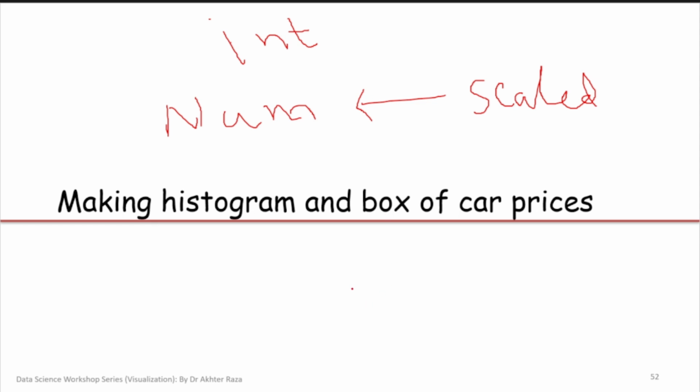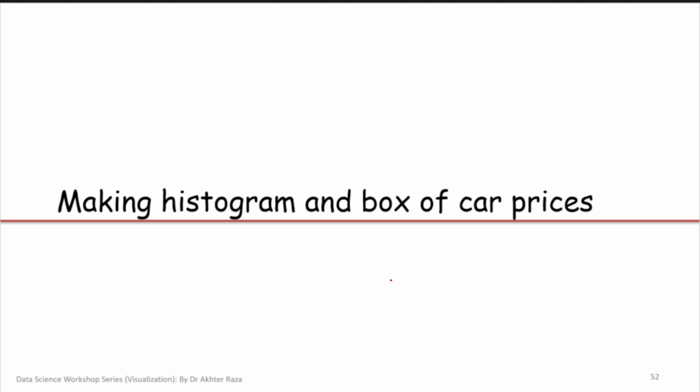It is a univariate analysis. For one variable, we can construct the histogram. For the same variable, we can construct the box plot. The commands are very simple. The hist command, HIST, will generate the histogram with the name of the variable inside.